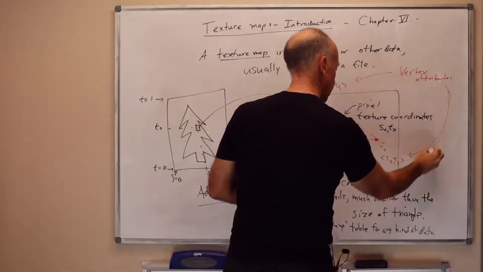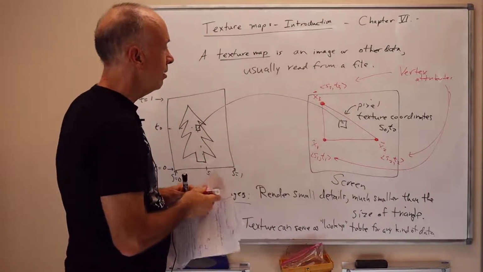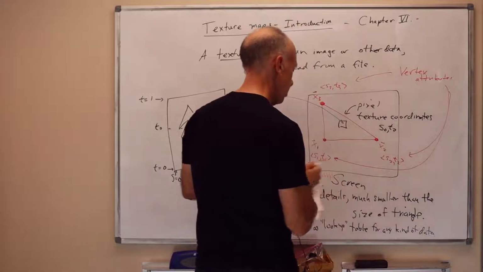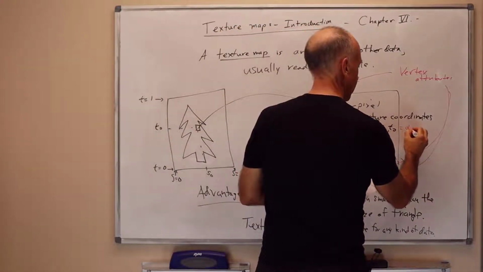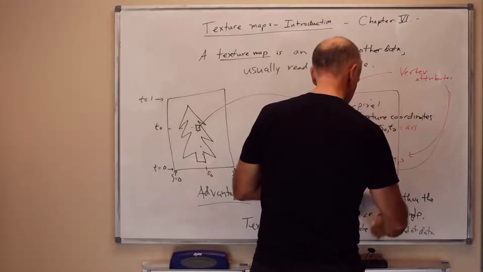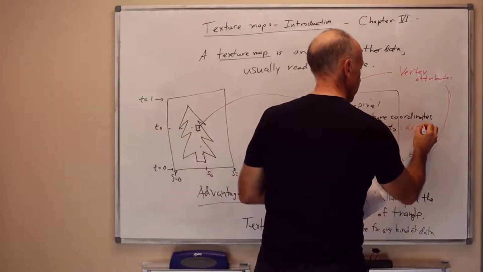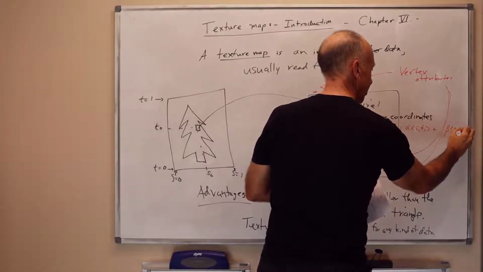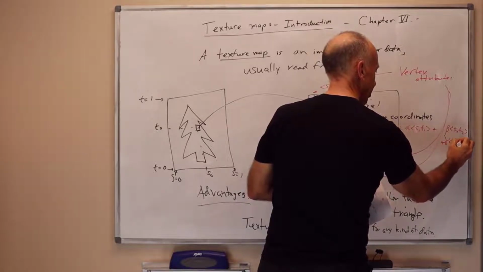So each vertex has vertex attributes, and then we would compute S0, T0 as a weighted average of these 3 things. So this would be equal to some alpha times S1, T1 plus beta times S2, T2 plus gamma times S3, T3.